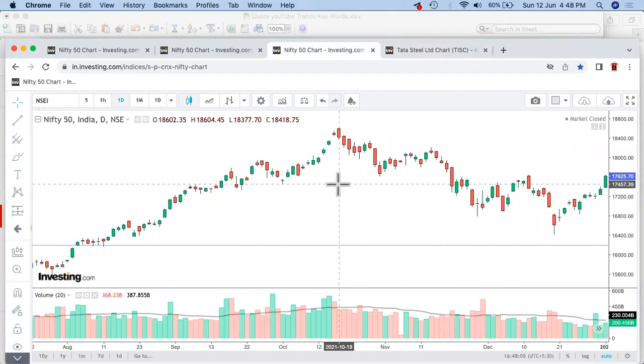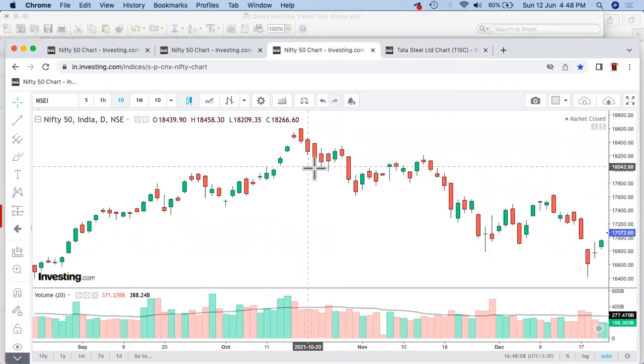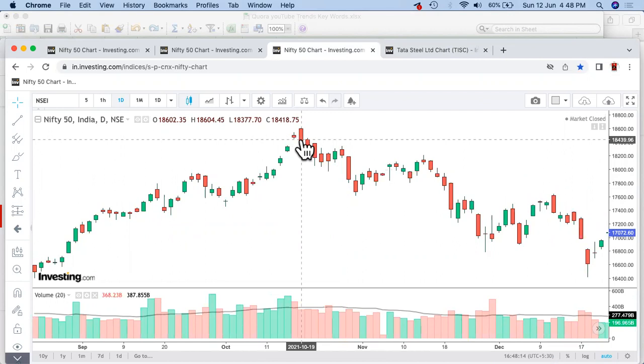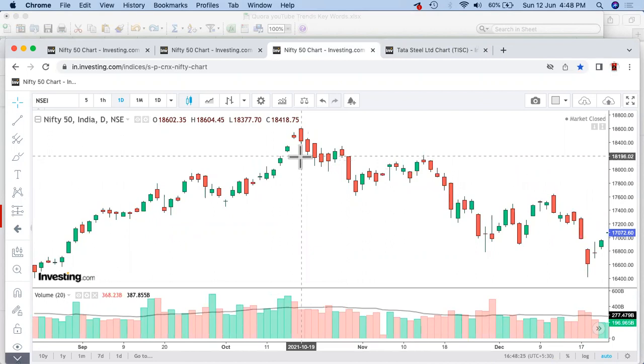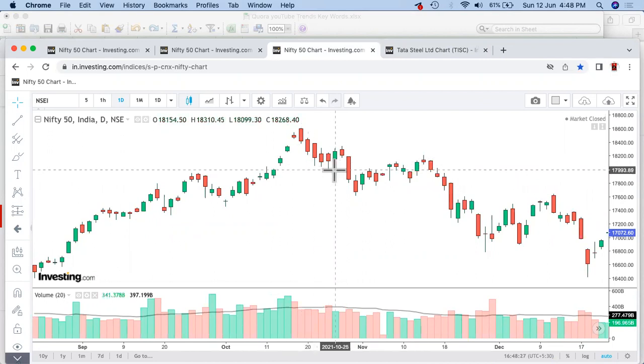If I consider an average of 1, 2, 3, 4, 5, so these 5 candles, I'll get an average, right? And if I consider a moving average of 5, I'll consider these 5 candles for this day. Now for the next day, if my moving average is 5, it will exclude this candle and consider the previous 5 candles, which is 1, 2, 3, 4, 5. So this average keeps on moving depending on the candle.